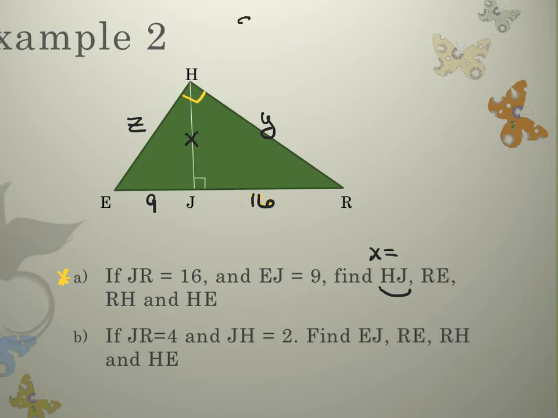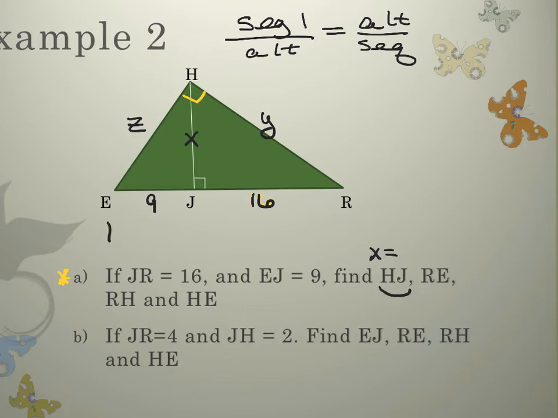The proportion I'm going to use to find the altitude is the geometric mean altitude theorem. Remember that was segment 1 over altitude is equal to altitude over segment 2. Remember, the altitude splits this hypotenuse into 2 segments. So this will be segment 1.